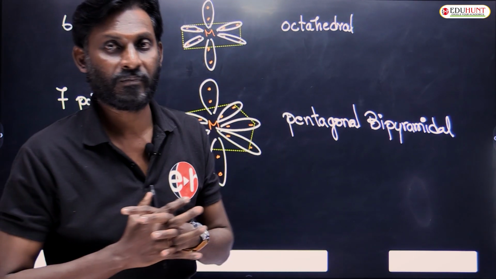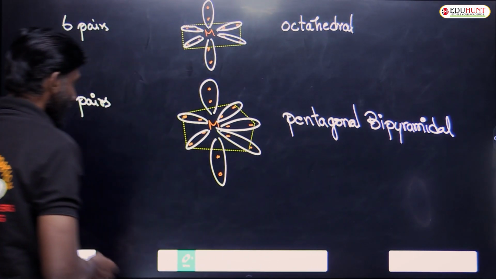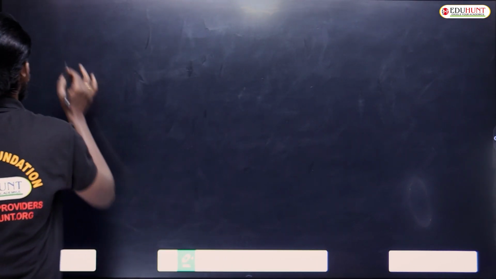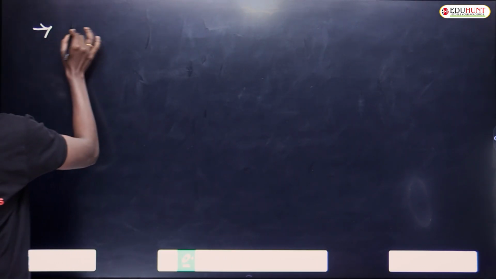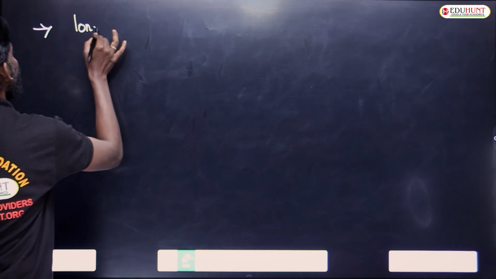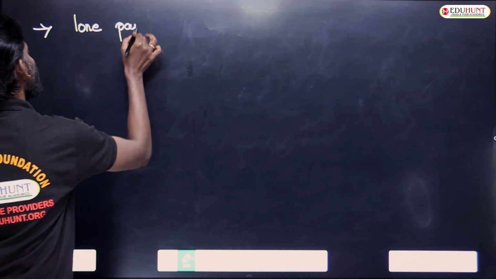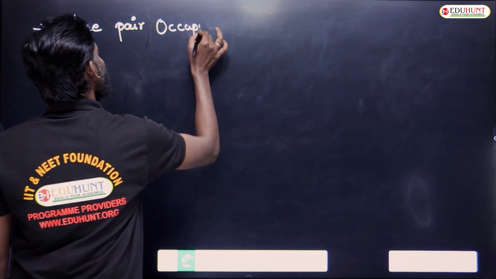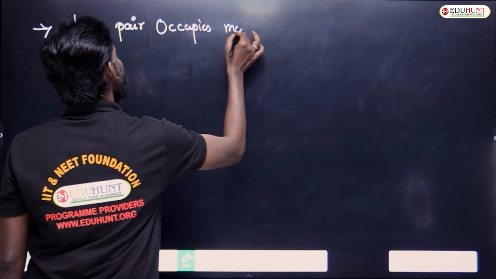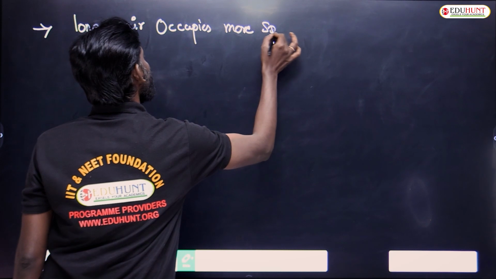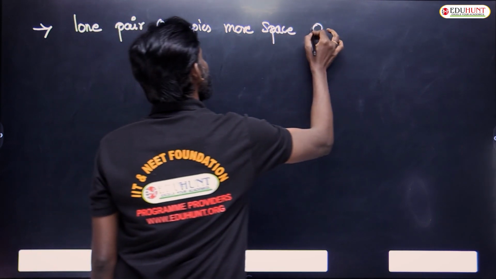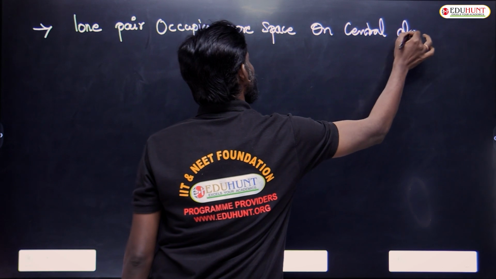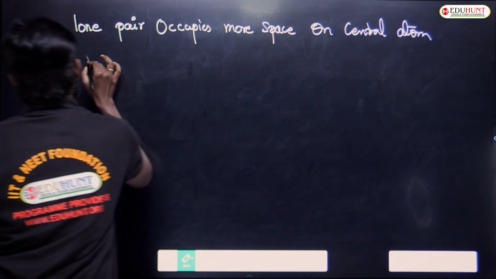and that's what was done by Nyholm and Gillespie. So what Nyholm and Gillespie added to the theory of Sidgwick and Powell is that a lone pair occupies more space on the central atom compared to bond pairs.